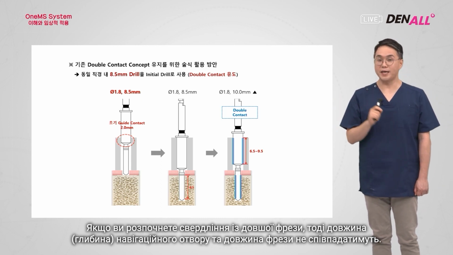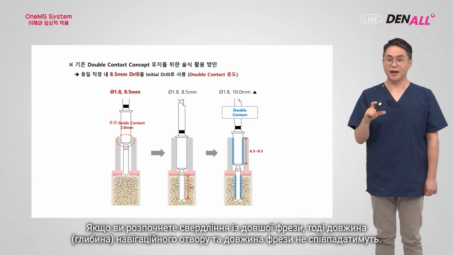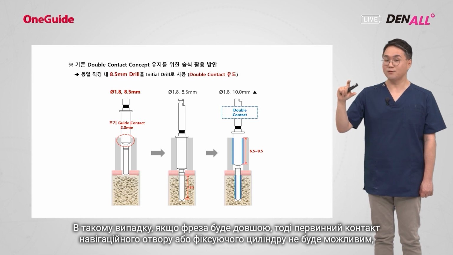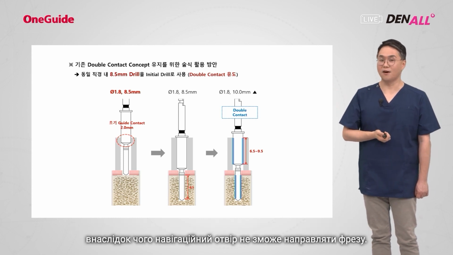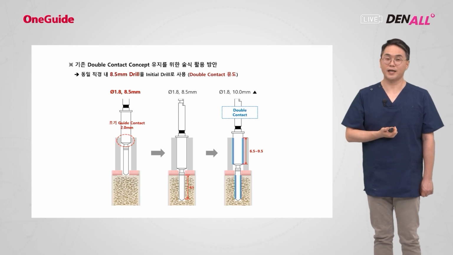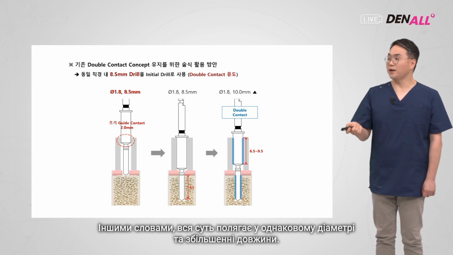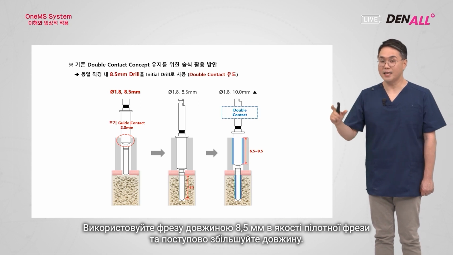If you start with the long drill, the guide hole's length and the drill length may not match, and if the drill is longer, initial contact with the guide barrel would not be possible. So the guide hole cannot guide the drill. In other words, in the same diameter, use 8.5 as the initial drill, then extend the length.